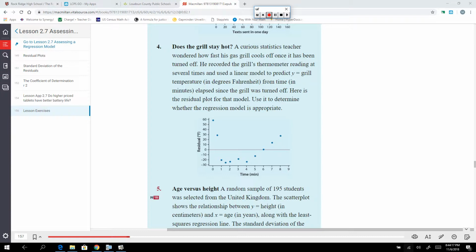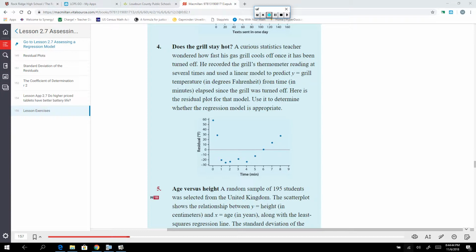And so you will be asked to determine whether the regression model is appropriate. So remember, he drew up his scatter plot, he fit a line to the data, the line of best fit, probably using his calculator, and then he took that line of best fit and took each of those original pieces of data and took the actual minus the predicted by the line and plotted those residuals right here.